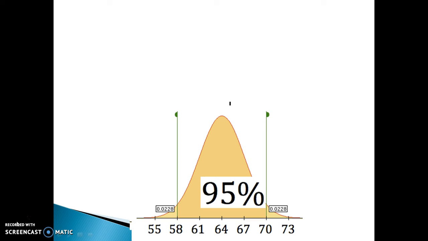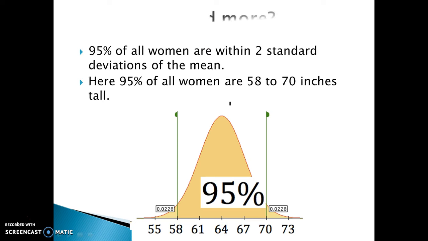Now, if you go out 2 standard deviations away from the mean, you will encounter 95% of your data in a normal distribution. These numbers are always the same, 68, 95, and then the next number we're about to do. So draw 2 lines going up from 58 and 70, and connect those lines and make that 95%.